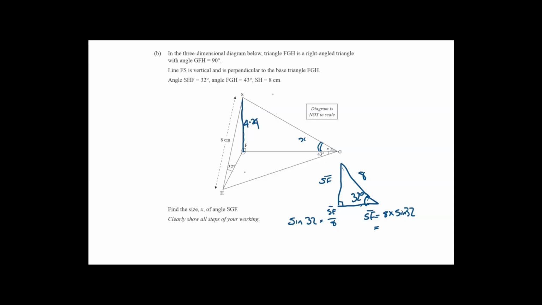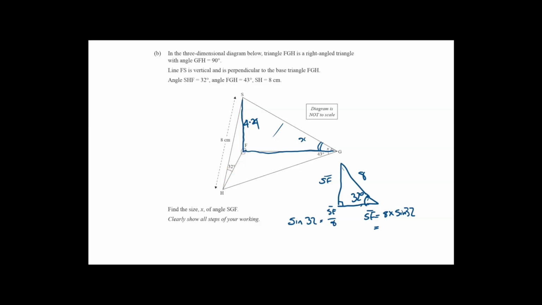Now we need to find the length of this side here. To do that, we're going to need to deal with this one here, and to do that we're going to need to find this side here.